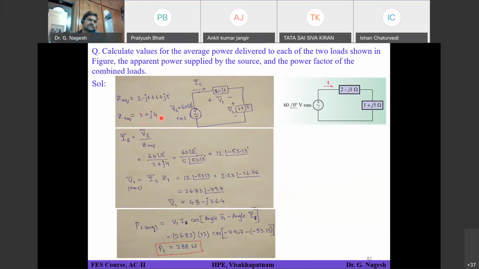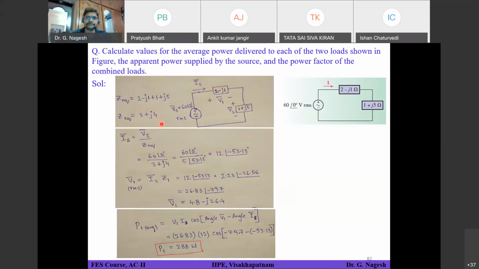Cos phi is equal to R by Z. R is nothing but 3 and Z is 5, so 3 by 5, that will be 0.6. And if you have a plus sign here, which means inductive nature load, that is 0.6 lagging. So from this impedance itself, you can say the power factor value and the nature of the load also. But you require some amount of practice in this.